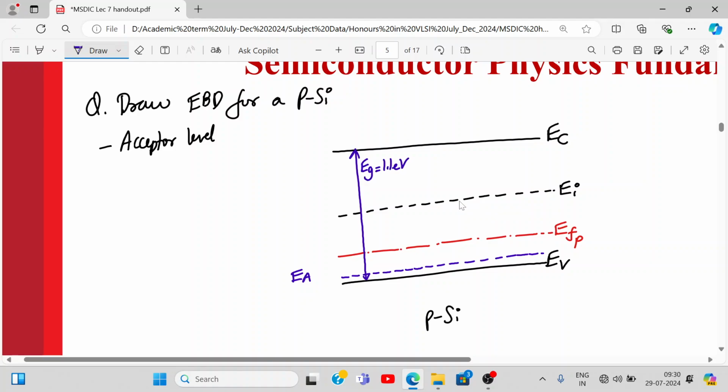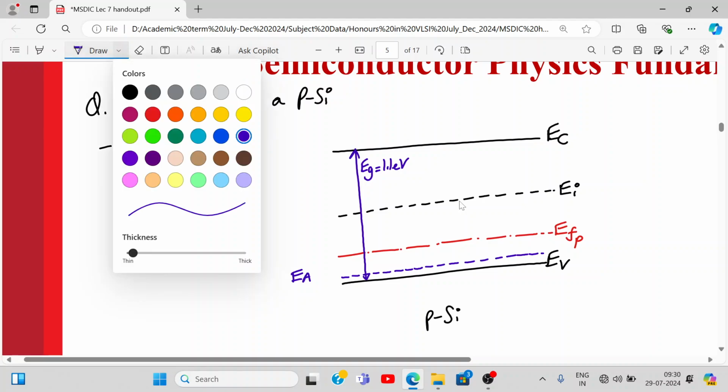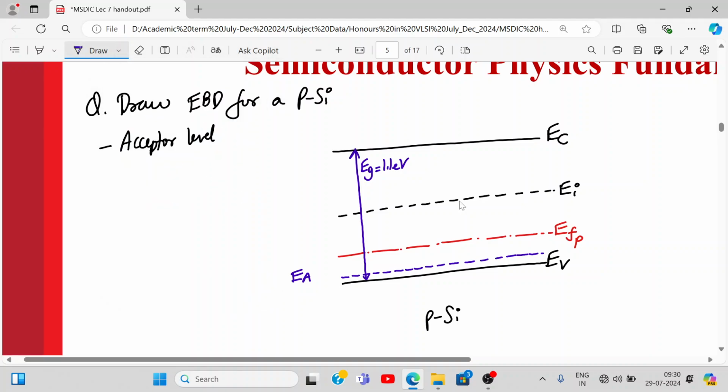Now, what another type of numerical can be asked is this. The EI level is around 0.55, exactly at the center. Let's say this level is 0.35 electron volt, and you know the distance between EI and EA.